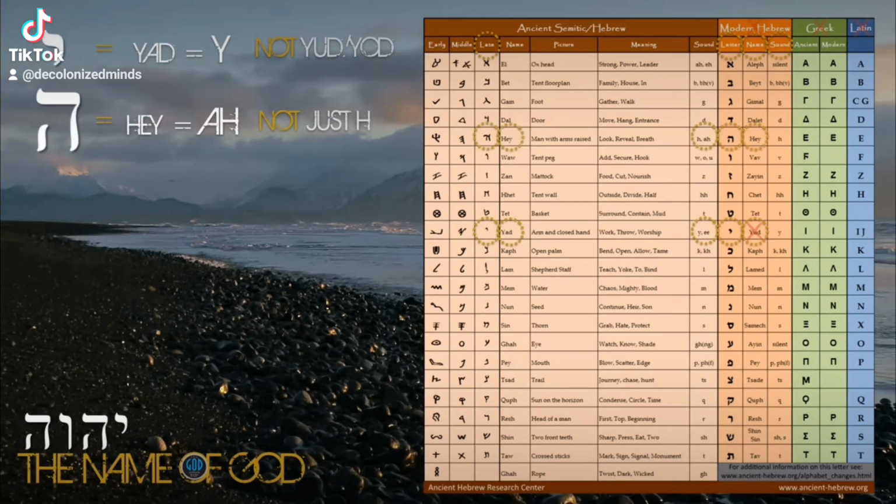Next is Hey, which has the H or Ah sound. We have a consonant to start the word, Y, so it's Ah. See, we do not need vowels to read ancient Hebrew. Vowel points, too, were not added till around 1000 AD or so.